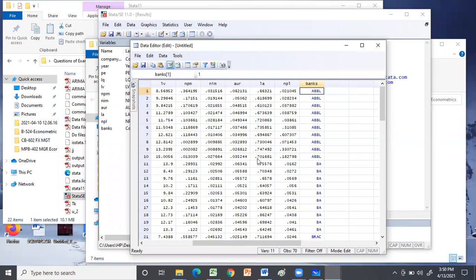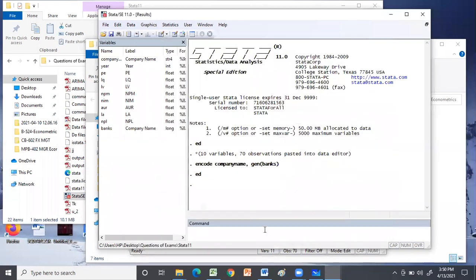We did not use the company name here because company name was in the original data set. We have encoded this company name into another variable, banks, and that is our panel variable, that means our cross-sectional or group variable against which the time series variable has been given.